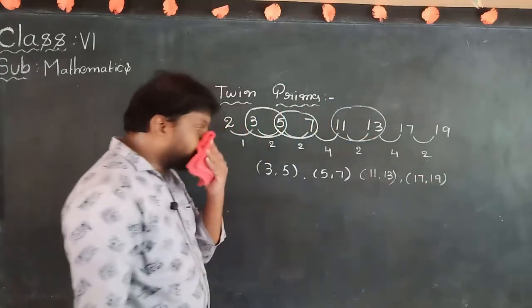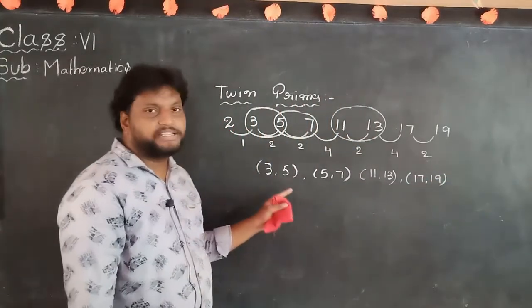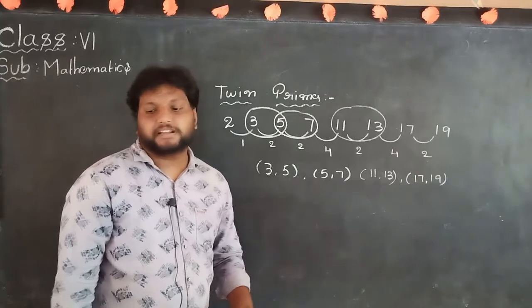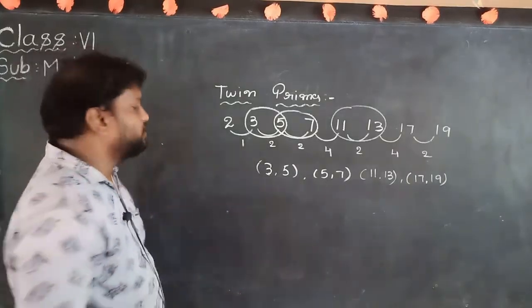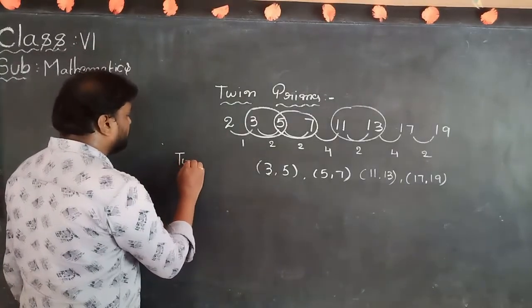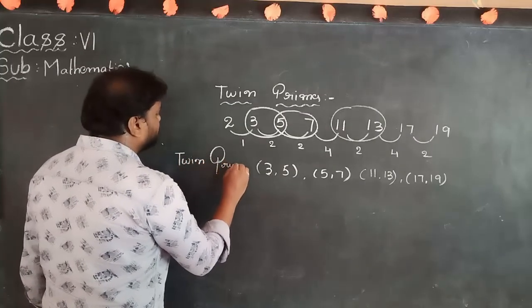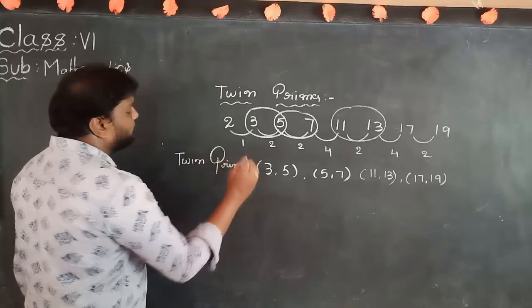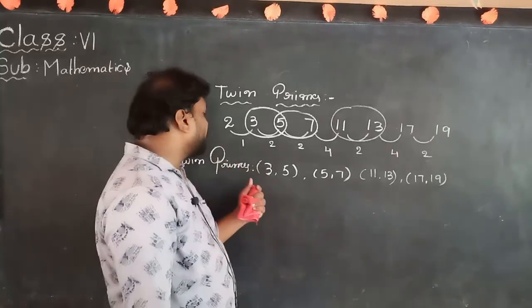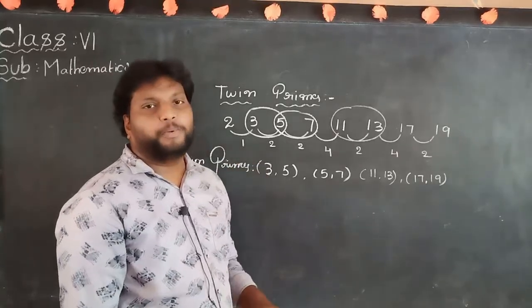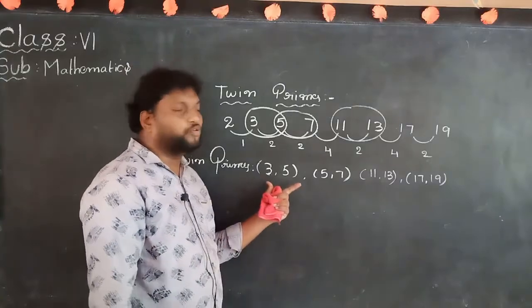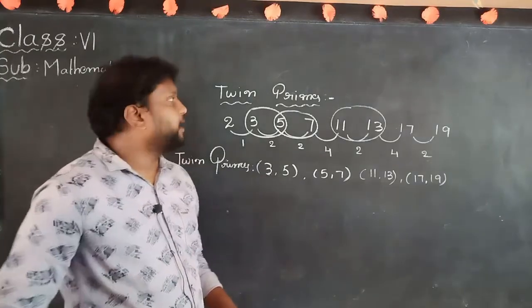If you take these prime numbers and find the difference, we get 2. These prime numbers are called twin primes. Twin primes means the difference between two prime numbers is 2; then the two prime numbers are called twin primes.